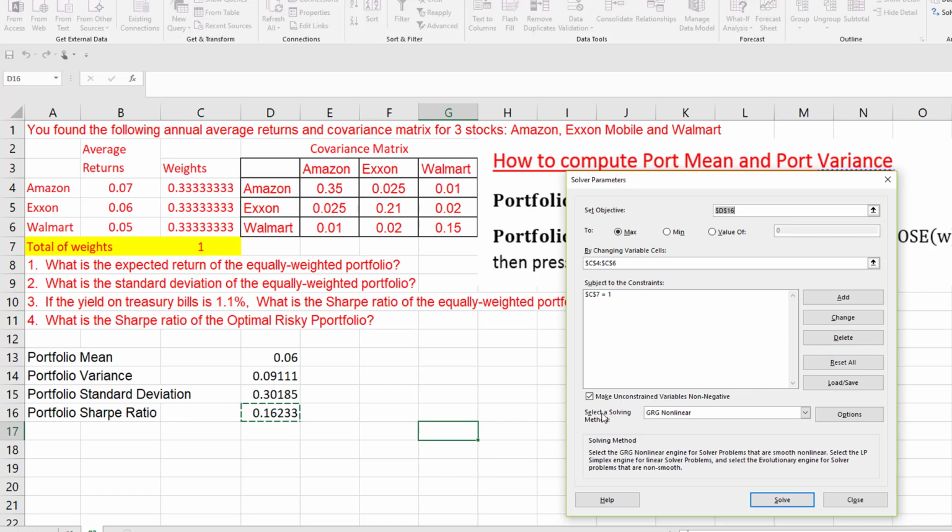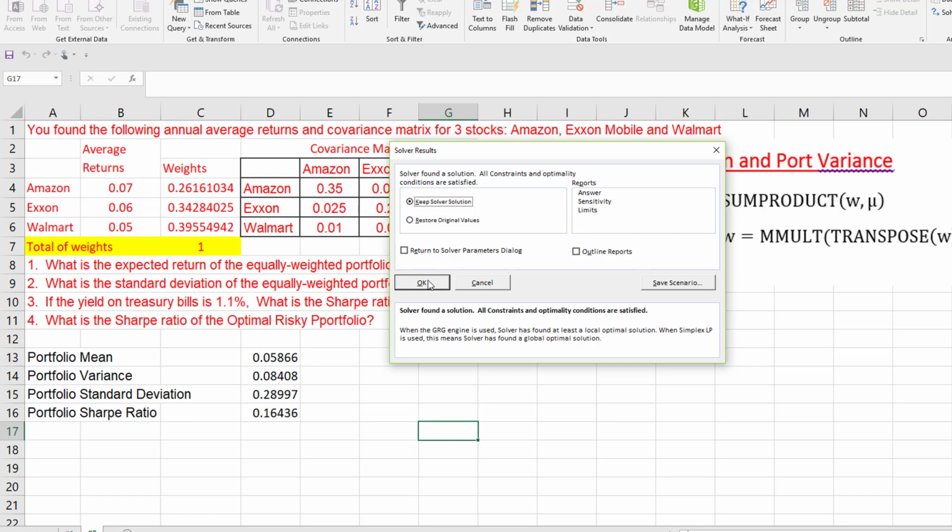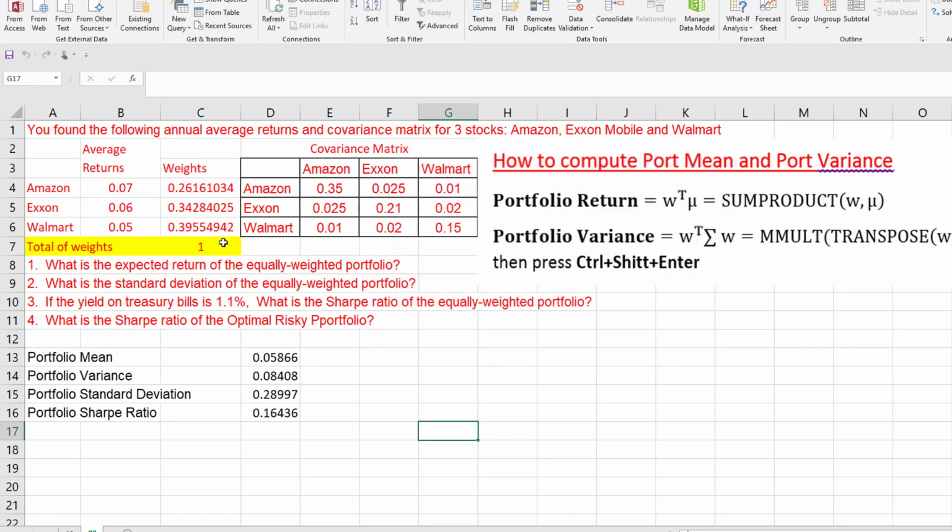I'm not going to touch this. So click solve, and okay. And now see, it changed the weights, and these weights are the weights for the optimal risky portfolio, and the resulting Sharpe ratio is the Sharpe ratio for the optimal risky portfolio. And that is the answer to question number 4.